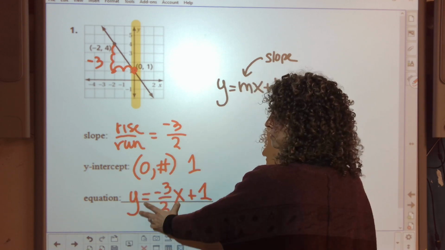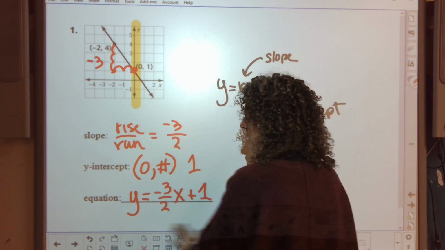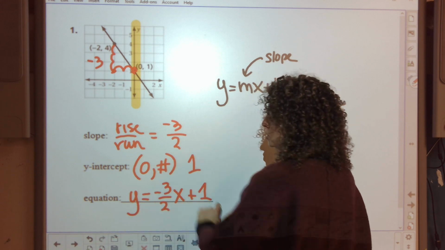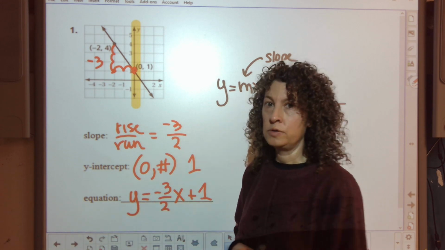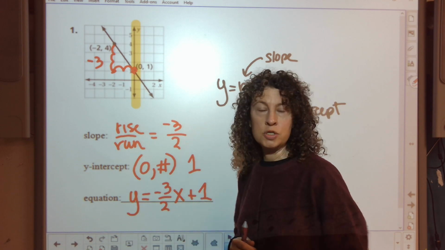I should have the letters x and y in my equation, because if I wanted to write a table for this and go backwards and make a graph of this, I would use my x and my y to come up with ordered pairs. Okay, so find the slope, find the y-intercept, plug them into your equation.